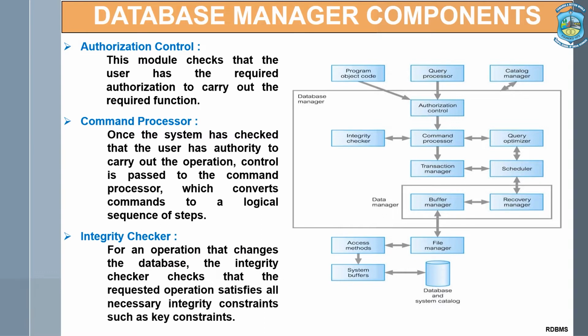Then we have the integrity checker. For an operation that changes the database, the integrity checker checks that the requested operation satisfies all the necessary integrity constraints such as key constraints, etc. So in order to ensure that our data is correct, we should have an integrity checker that ensures all the data is properly integrated and all the checks are correctly done.